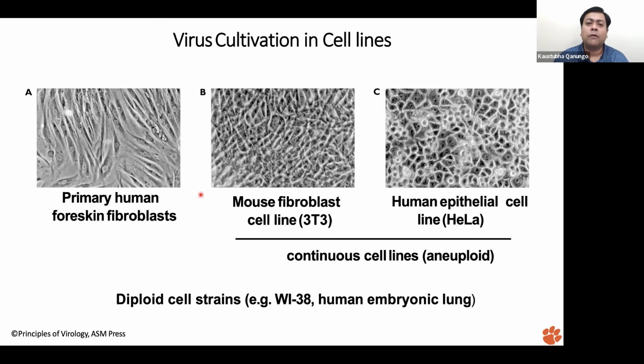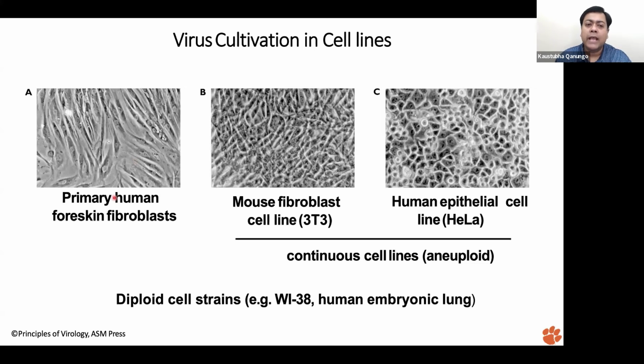These are good for 20 to 50 cell division cycles, so we can transfer them from one vessel to another and grow them for 20 replication cycles, sometimes maybe 50. There are a few exceptions where you may do it up to 100 times. But after that, they will basically die off.